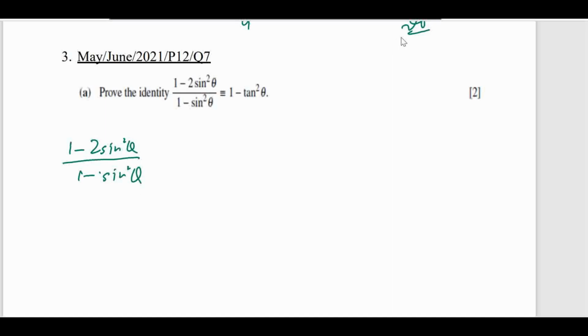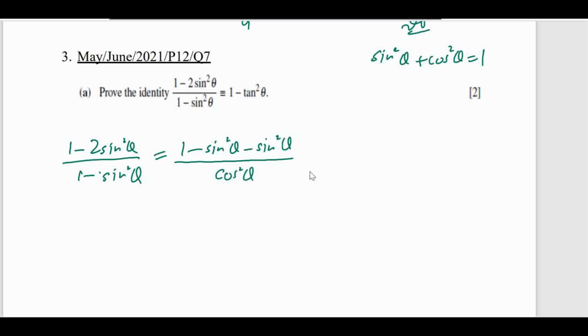Now we know that sine square theta plus cos square theta is equal to 1. So this will be (1 minus sine square theta minus sine square theta) whole divided by cos square theta.